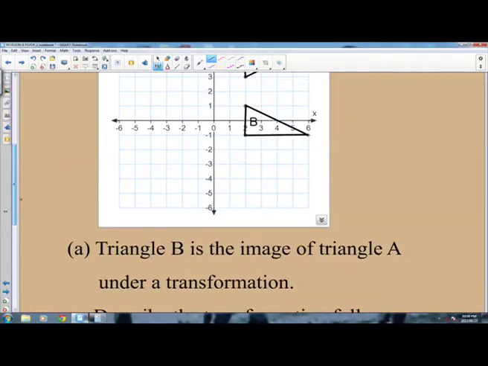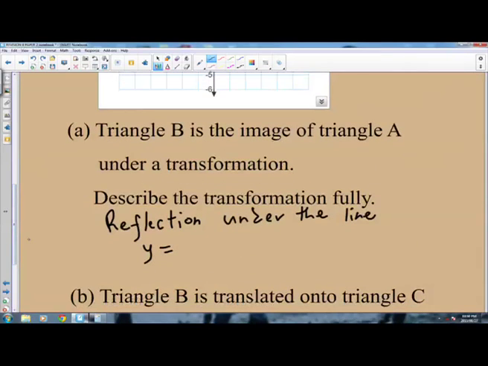We need to check y equals to 2. So this is a reflection under the line y is equals to 2. This is how we describe reflection. You state the transformation. So the transformation here is reflection. And then how do we describe reflection? The reflection is described using what we call the equation of the line of reflection. And according to this question, the line of reflection is y equals to 2. That's how we describe reflection.